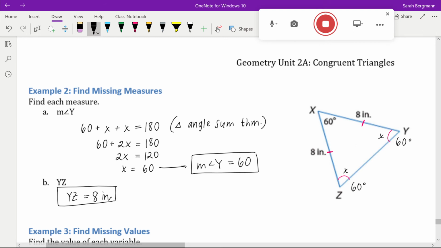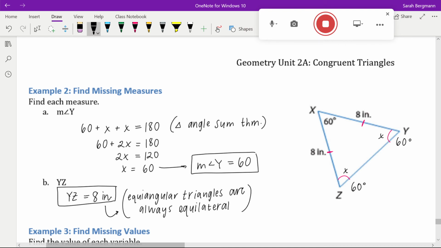Therefore, YZ must be equal to 8 inches. I would write a note to myself so I don't get confused if I'm looking back at my notes. Where did that 8 inches come from? Well, I know equiangular triangles are always equilateral.